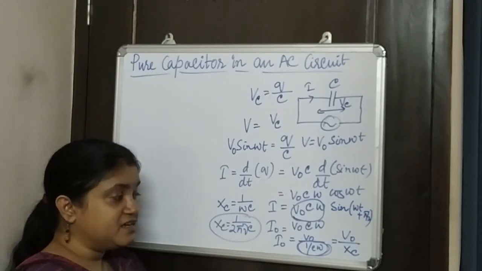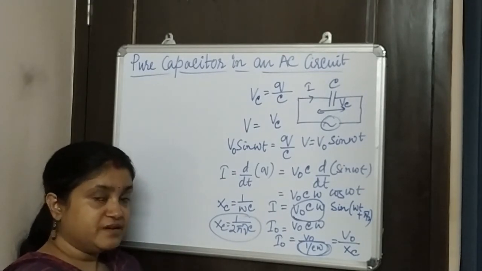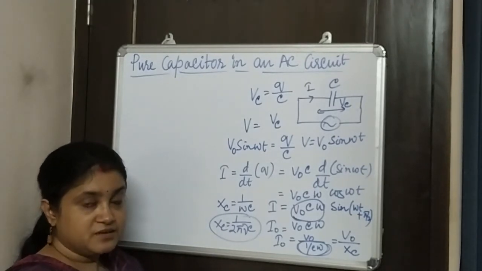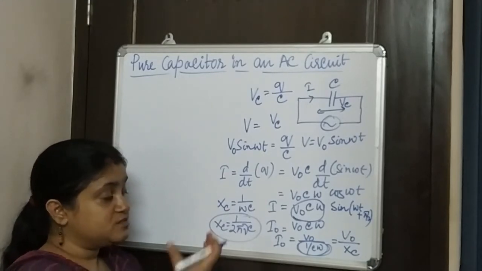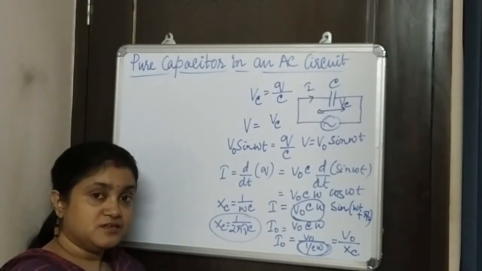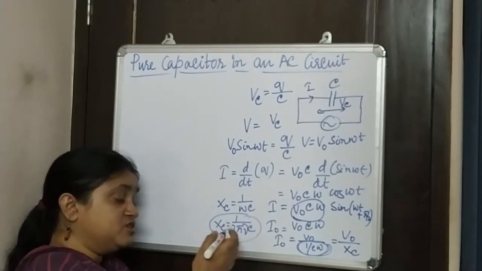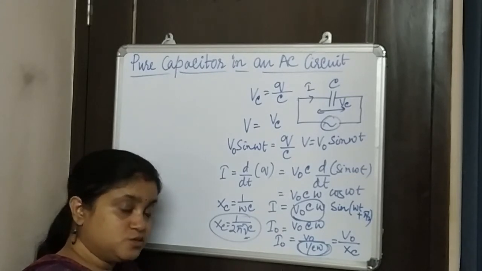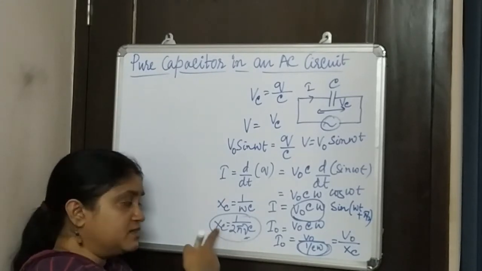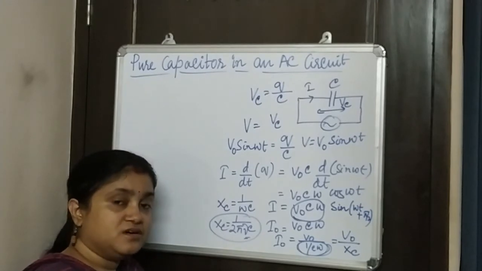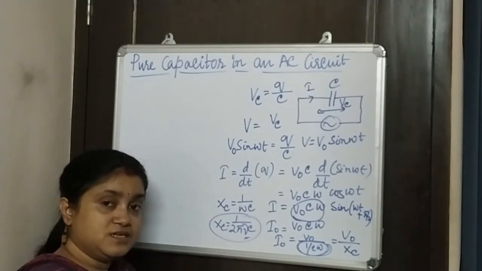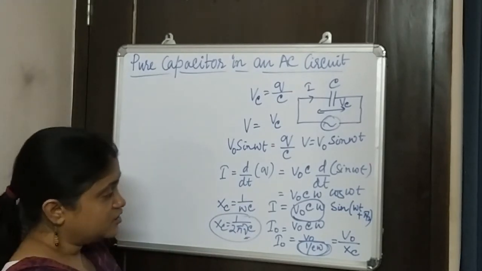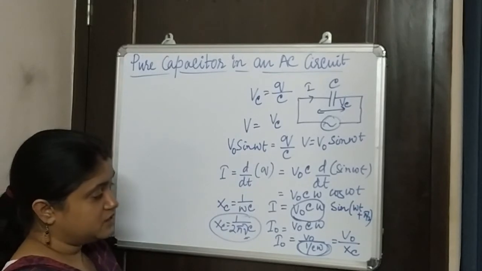This is adding a kind of resistance or hindrance for the current to flow. That is what is being added by the capacitor in the AC circuit, and very much this depends on the frequency of the AC source. If the frequency is high, then the reactance is very low, and if the frequency is low, then definitely it adds up to a high reactance. So this is what we get.